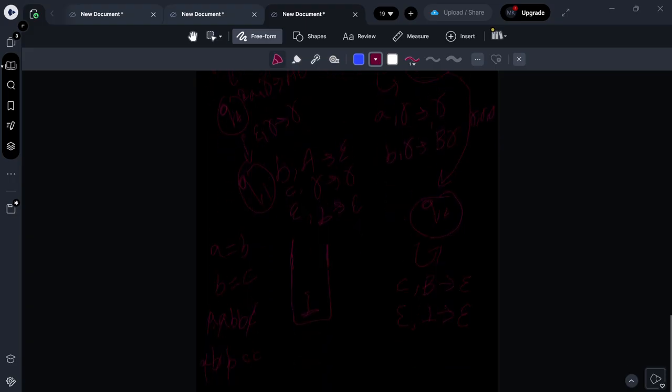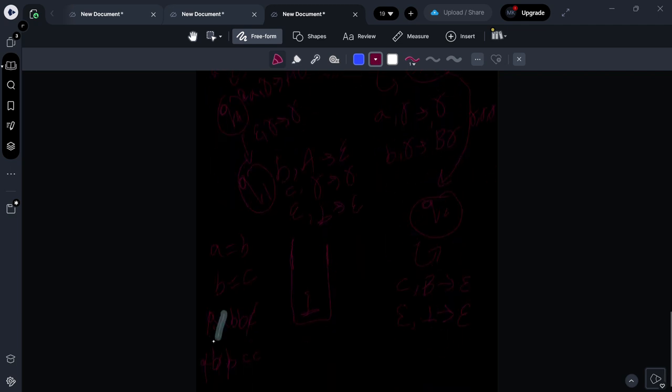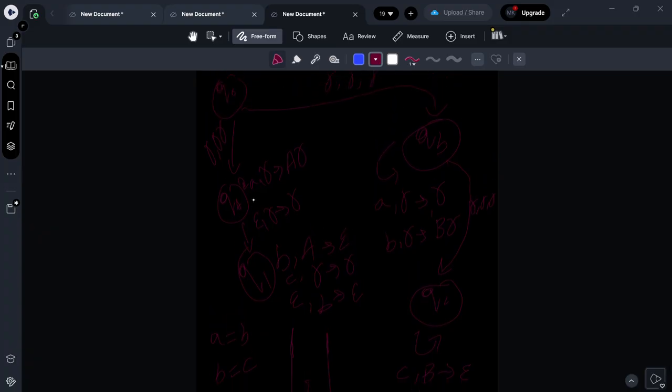Let's try i equals j, and C we ignore. If you read this word, you read an A, it doesn't matter what's on the stack, you put A there.